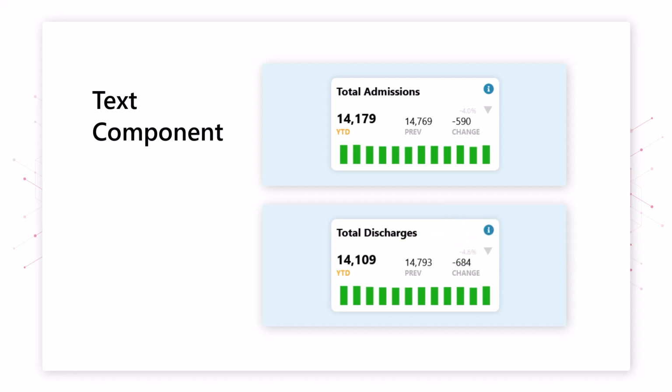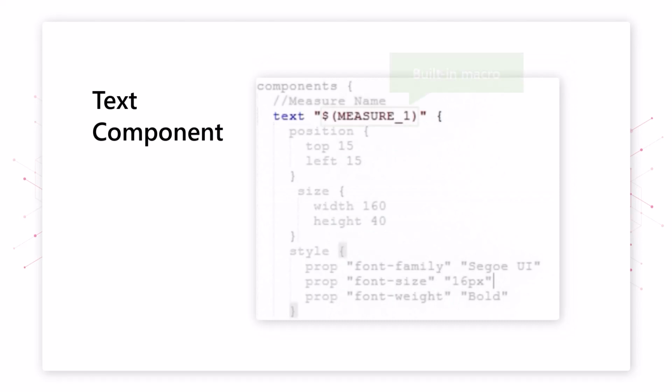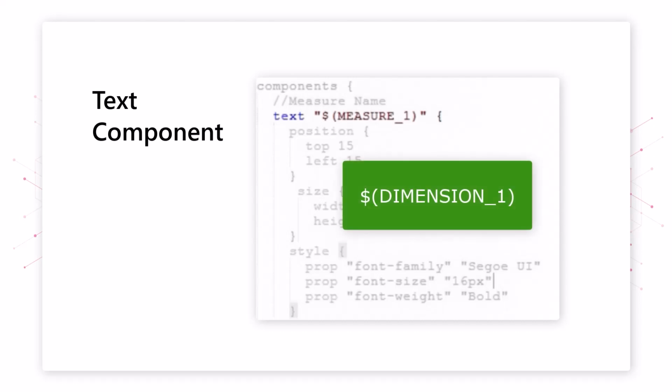To generate text that displays the name of a measure, you use the built-in macro measure1. If the stamp shows information on multiple measures, the number identifies the measure to which the neighboring attributes will apply. Similarly, you can generate text that identifies a dimension with the built-in macro dimension1.